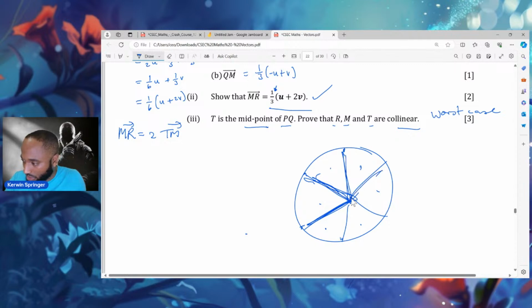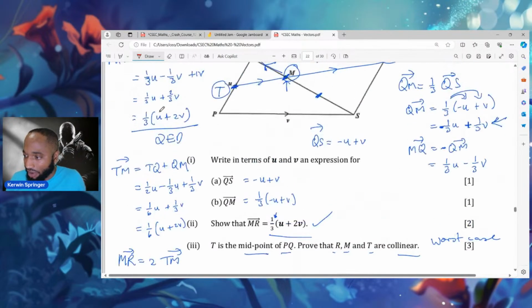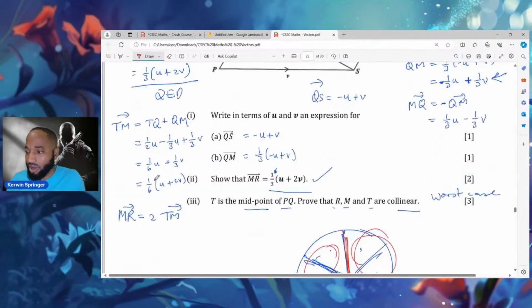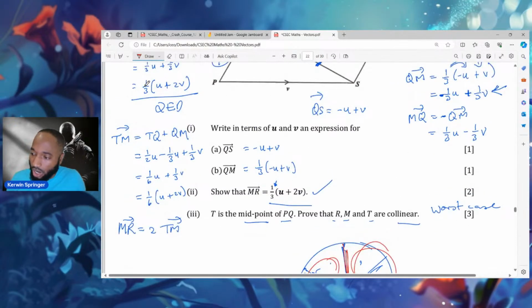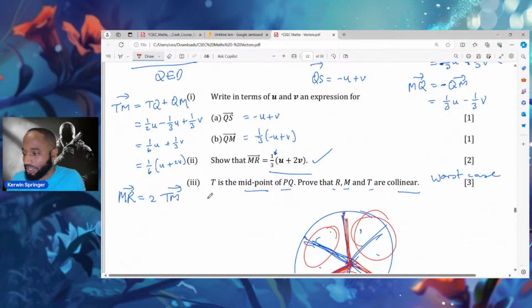Each one of these represents 1/6. And 2/3, if I divide it into thirds, stay with me. Now your thirds there. So this is 1/3, a next third, and a next third. So can you see that 1/6 is actually half of 1/3? Makes perfect sense. 1/6 is half of 1/3, or 1/3 is 2 times 1/6. So that's why MR is 2 times TM.